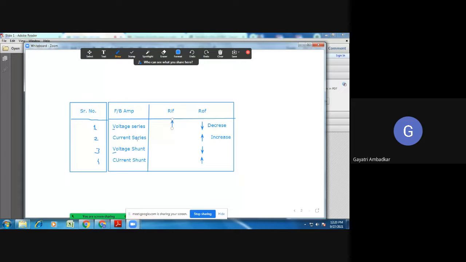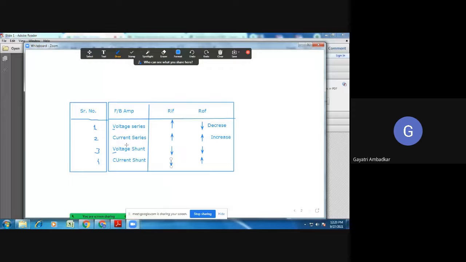So here I will come to know that when it's a series mixing, input resistance is about to increase. Now, shunt, what is the effect? Decrease. So whenever the second letter is shunt, it decreases.